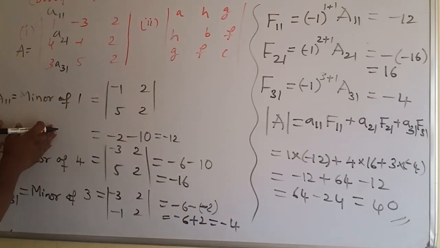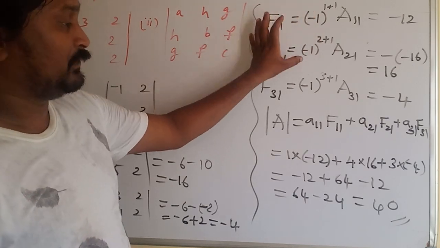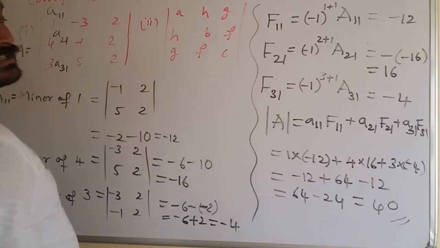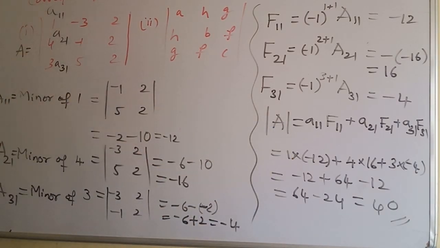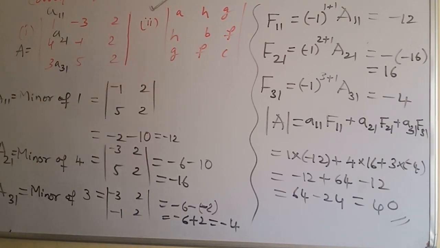All depend on minors. If you know minors, you can solve cofactors. If you know cofactors, then you can solve the determinant. It is very simple. Solve the second one with the same method as homework.